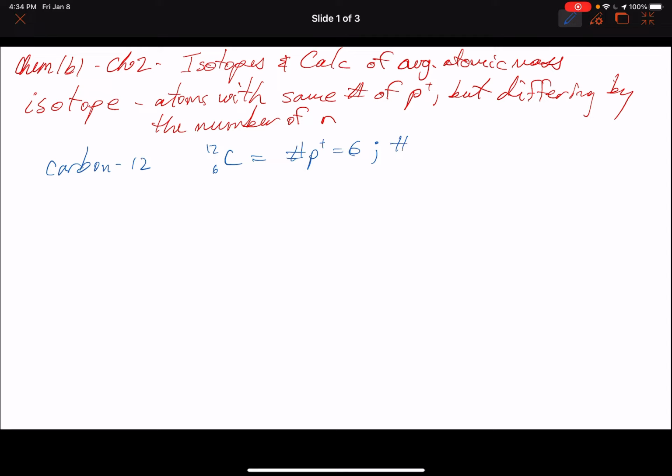The number of neutrons would therefore be 12 minus 6, which of course is 6. And if this is a neutral atom under consideration, the number of electrons would have to equal the number of protons to balance the charge for a sum of 0, and therefore we must have 6 electrons.